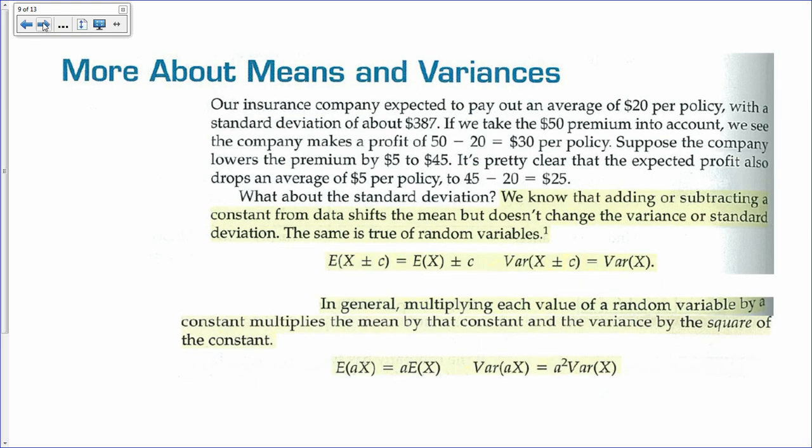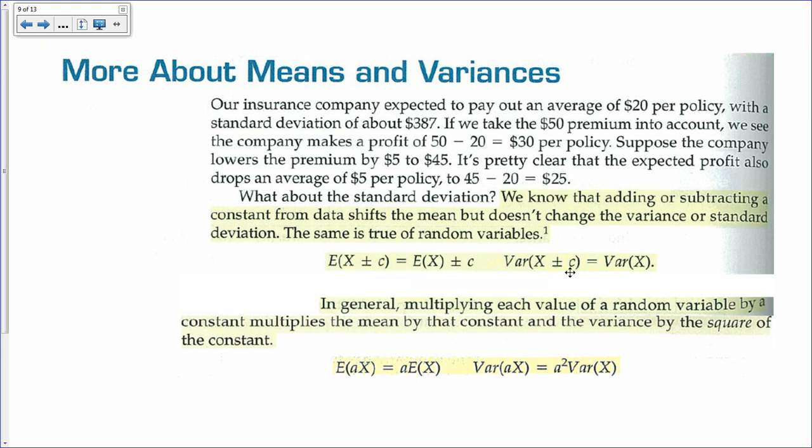Okay, let's transition a little bit from discrete random variables to how multiple variables are related to each other. First, about shifting and rescaling these random variables. Just like you would guess from before, if you add a constant to all the payouts or all the values, you will increase your expected value by that same amount.